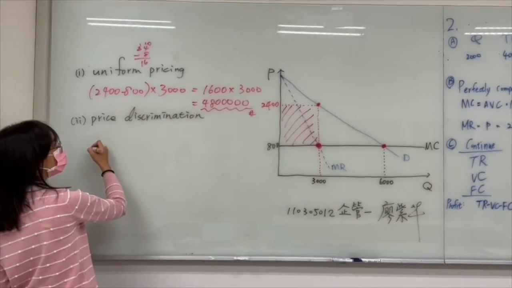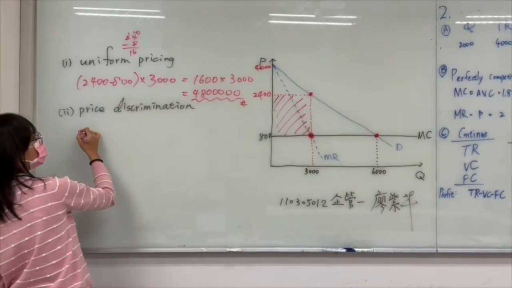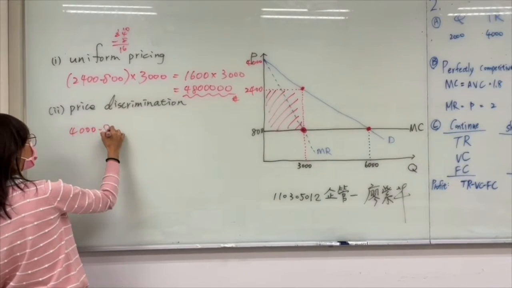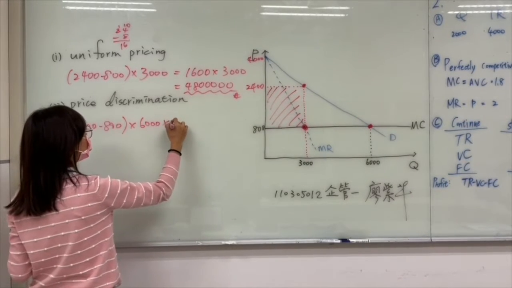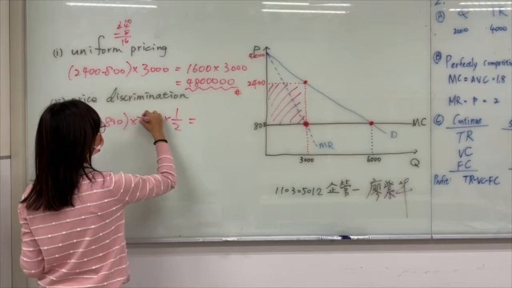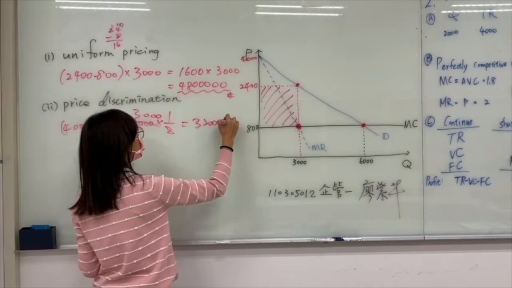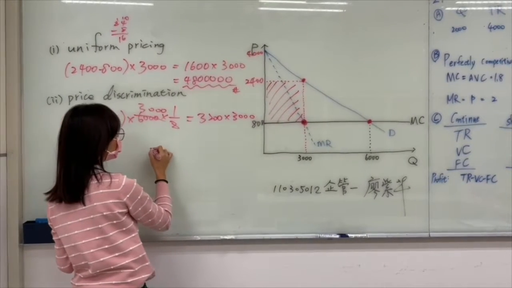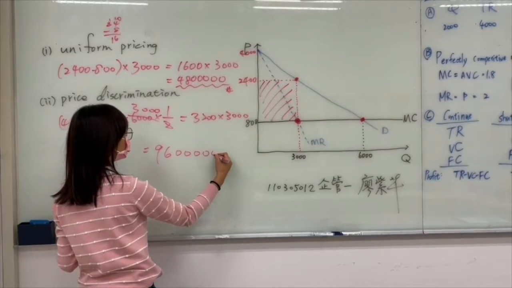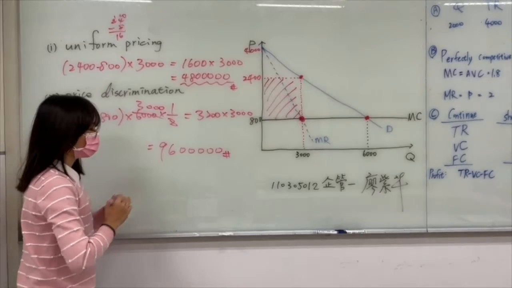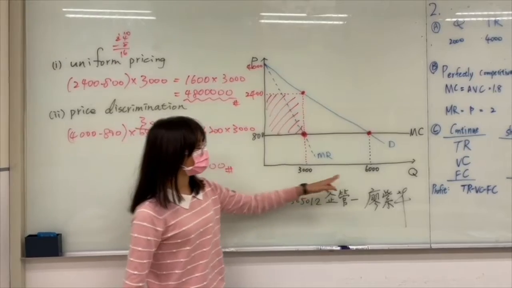It is 4,000 here, so it is 4,000 minus 800, times 6,000, times half, which equals 9,650.